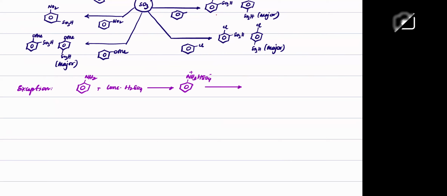That's why this reaction is always facilitated with some heat. As soon as you heat it, you will get NH3 plus here, and here you will get SO3 minus. And this will exist like a Zwitter ion, a dipole ion. Zwitter ion is also called a dipole ion.